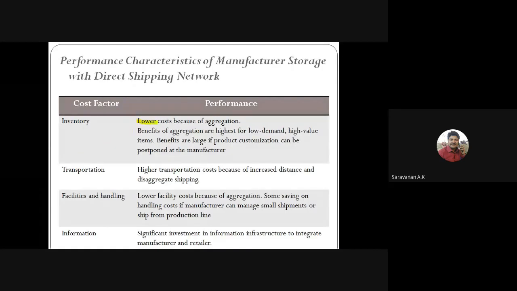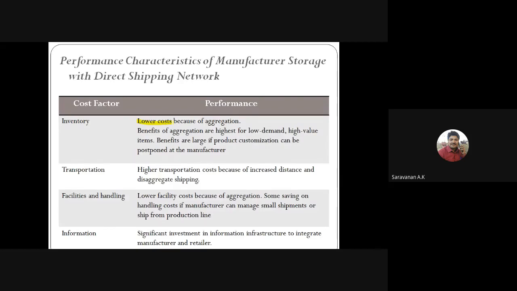The products are directly sent from the manufacturer's end to the customer's end. So a lot of aggregation takes place, because the entire inventories are accumulated at the manufacturer end.